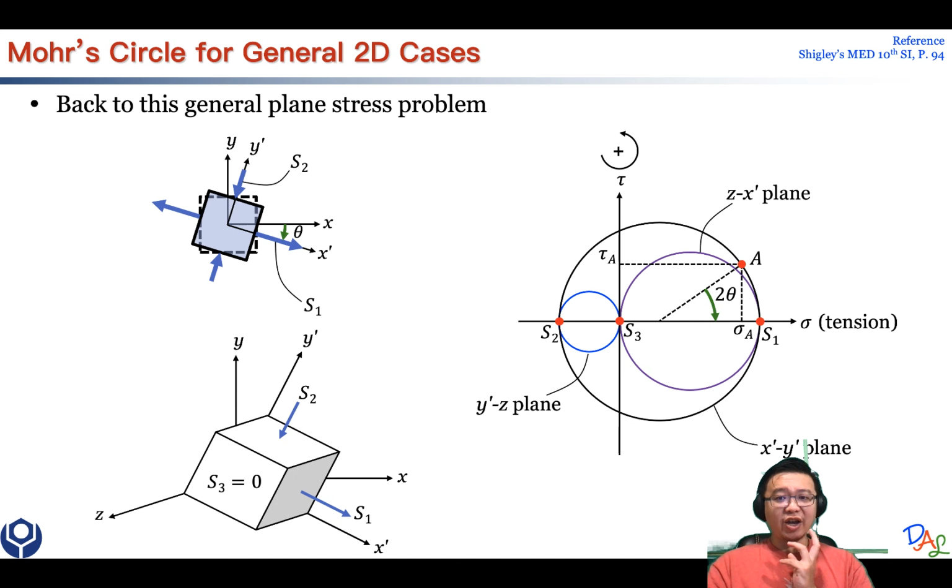Since we already know the normal stress and shear stress, we can work on our Mohr circle and check whether it is safe. In the following lectures, once you know the Mohr circle, we will teach you whether your design is safe or not, and if it's not safe, what we can do.